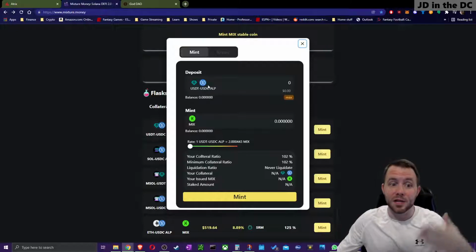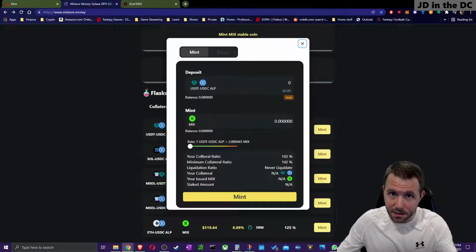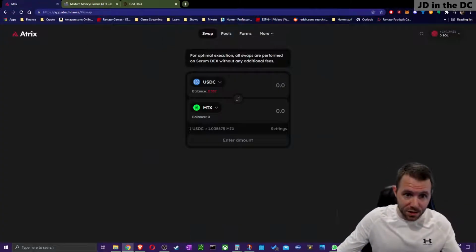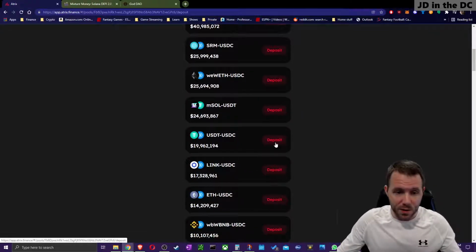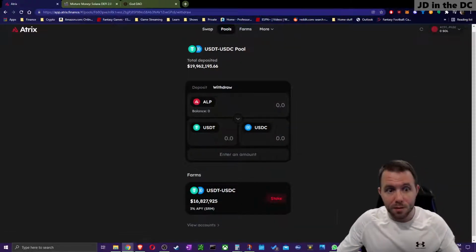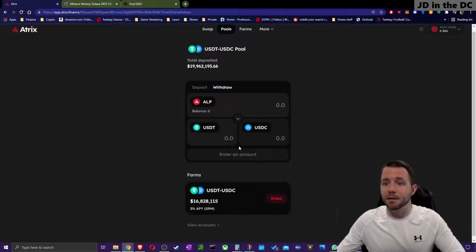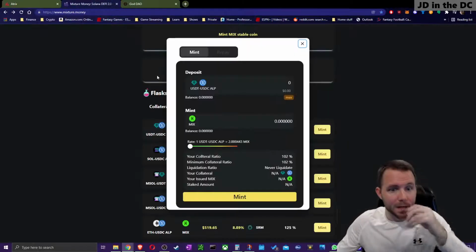You'd repay it and then you get your LP tokens back, and then you go back to Atrix, go to the pool, and do what we did before. You would withdraw, put in your LP tokens, get out your dollars, and then you're off to the races again. Awesome.